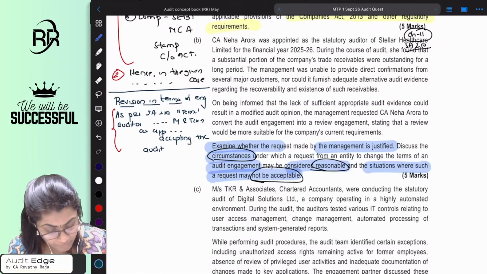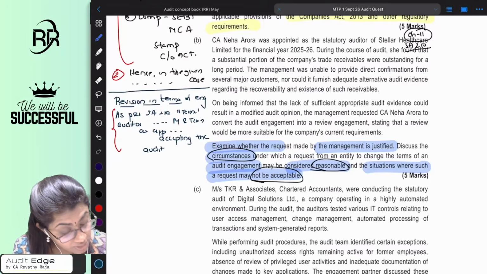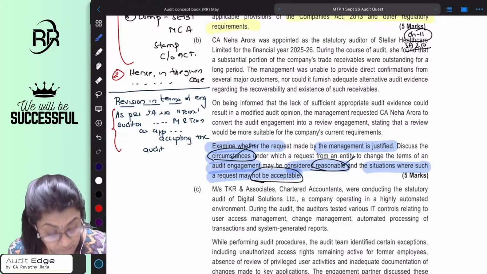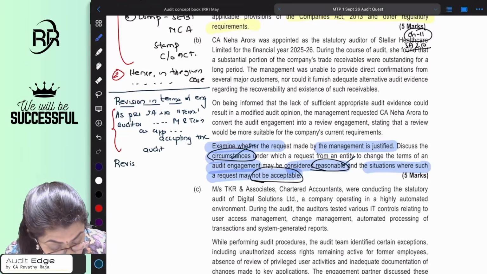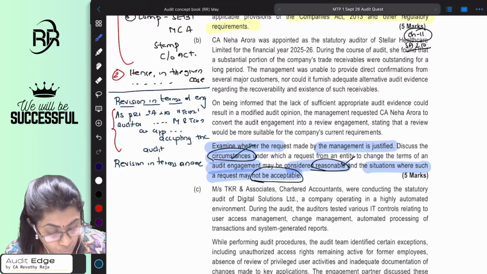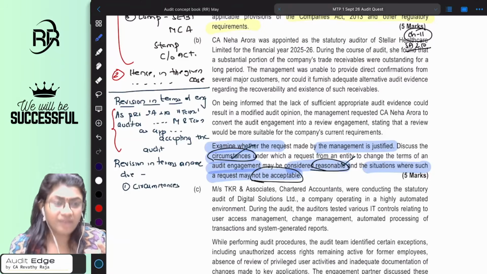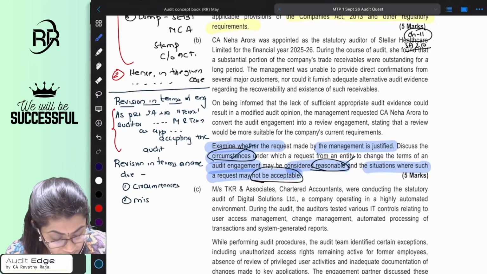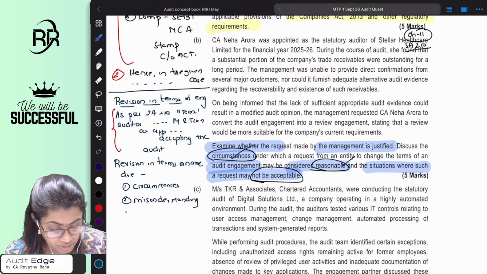Next, in the second part, when the revision is reasonable, they have asked about circumstances. There are three cases. Then you can write, revision in terms can arise due to: one, changes in circumstances that affect the need for the service; second, a misunderstanding regarding the audit or a restriction on the scope.